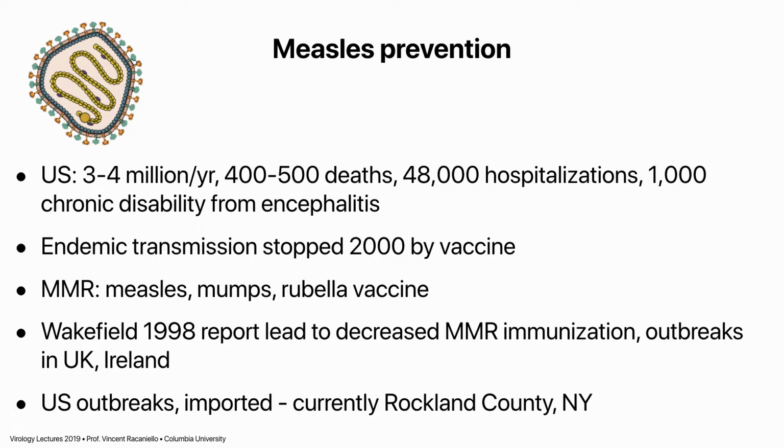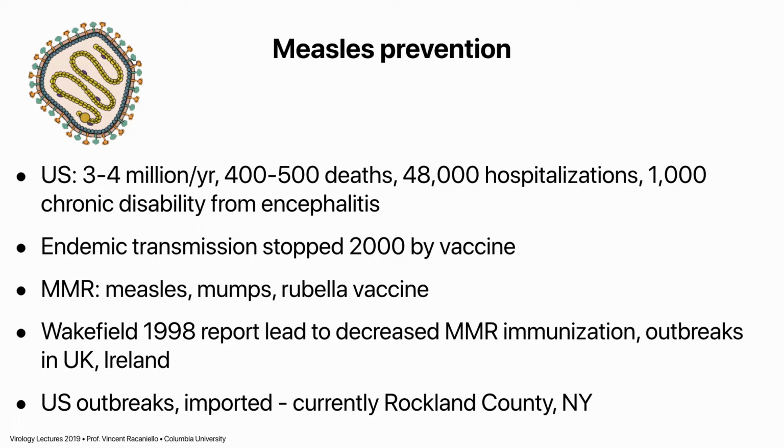However, in 1998, of course, the Wakefield report, which suggested that the vaccine was causing autism, was completely wrong and had been withdrawn. That led to decreased immunization, outbreaks in Europe, and we still suffer the consequences of Wakefield's nonsense and poor science because people believe him or they don't know any better.